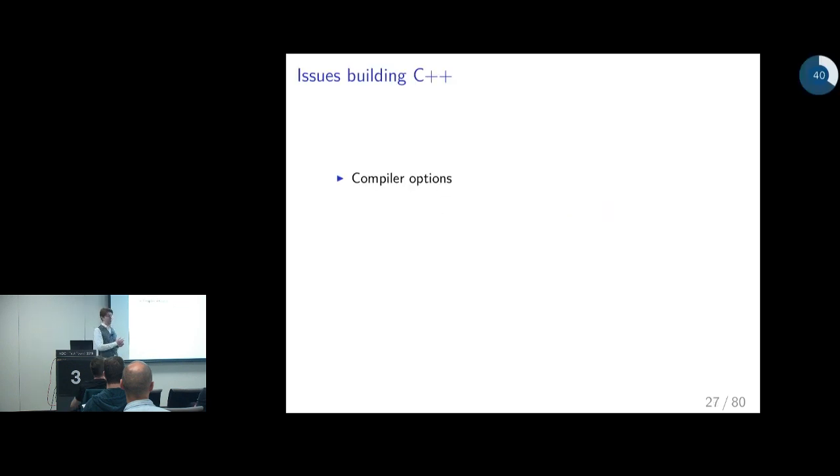Because building C++ comes with a lot of issues. You have very different compiler options, depending on your compiler version and, of course, which compiler you're using. There are multiple versions on the same machine, right? You might want to use Clang on a system where the default C compiler is GCC.